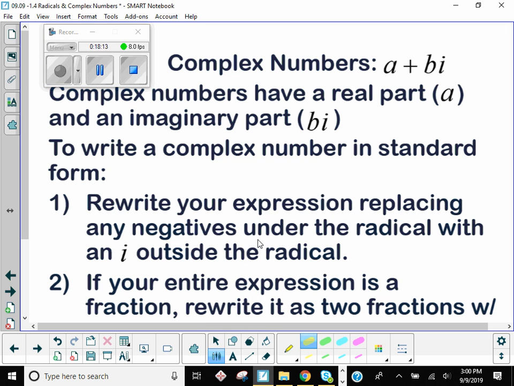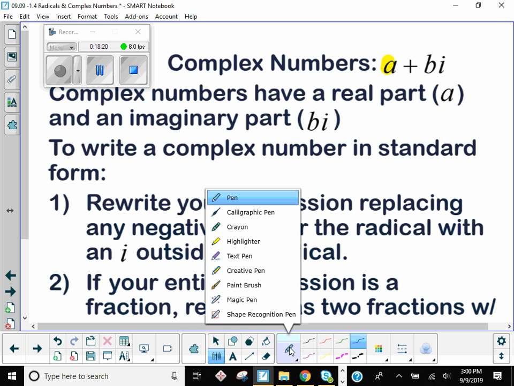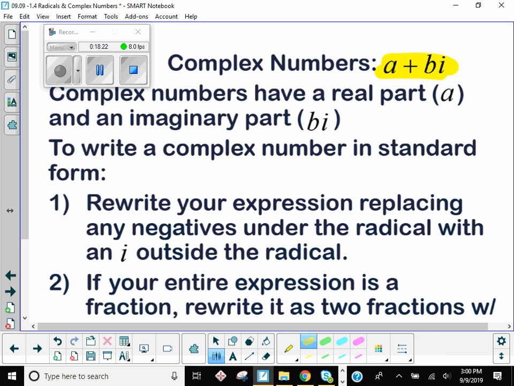So what we're going to do now is still some simplifying of radicals, but then we're going to write them in this form and identify the A part and the B part. So briefly right here in words, to write a complex number in standard form, rewrite your expression, replacing any negatives with i's.